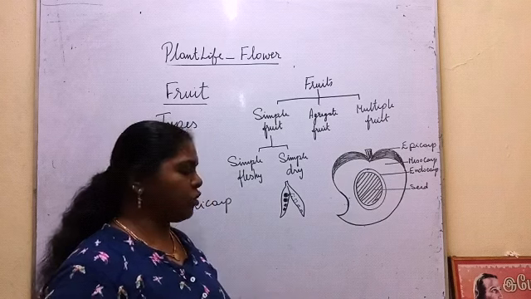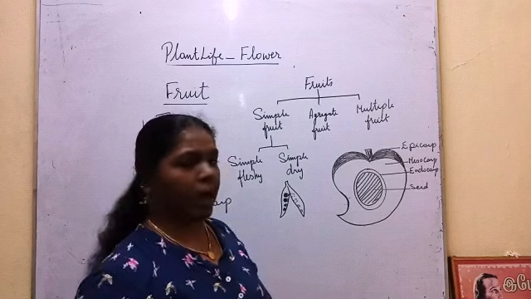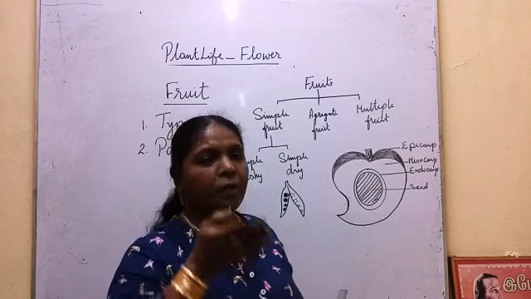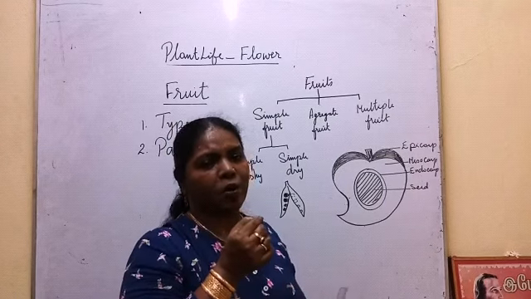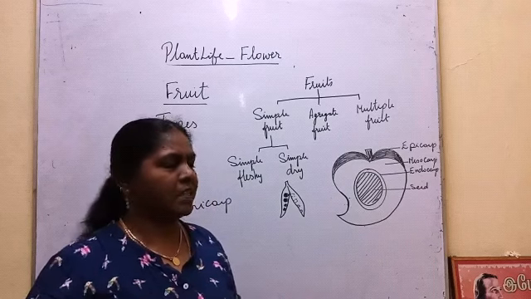For example, in a tomato, if you remove the red skin, that is epicarp. After that you have the pulp, mesocarp. Inside that pulp you can see a thin layer, that is endocarp. Then endocarp encloses the placenta, and seeds are attached to the placenta.